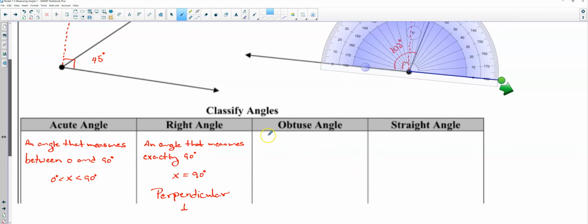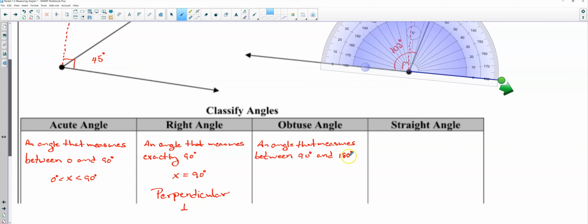An obtuse angle. An obtuse angle is an angle that measures between 90 and 180 degrees.